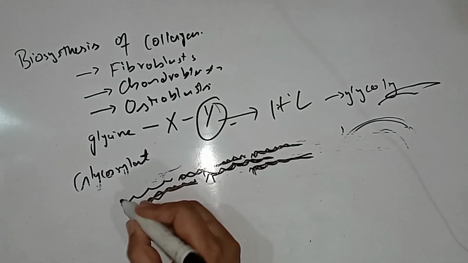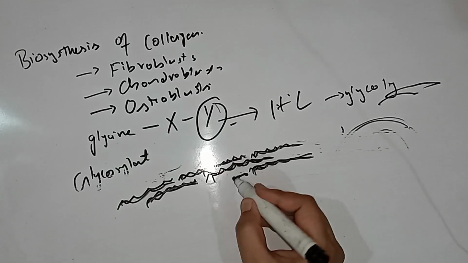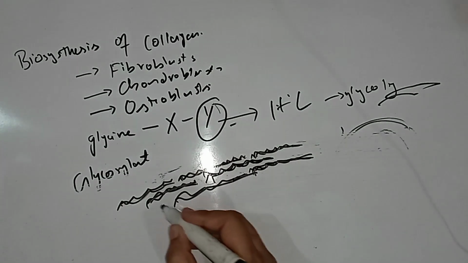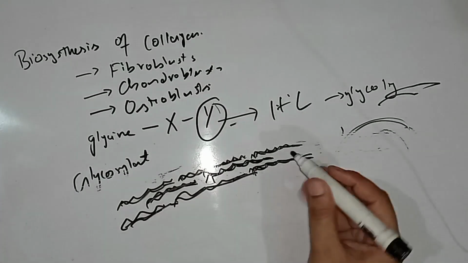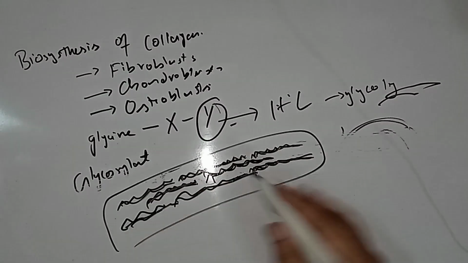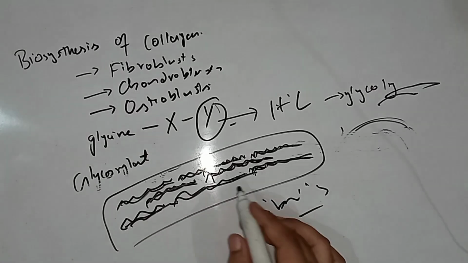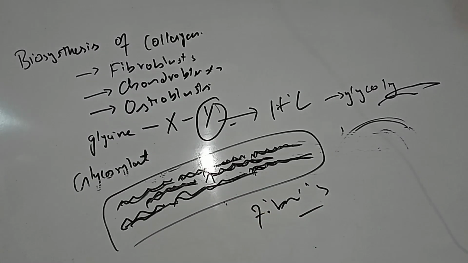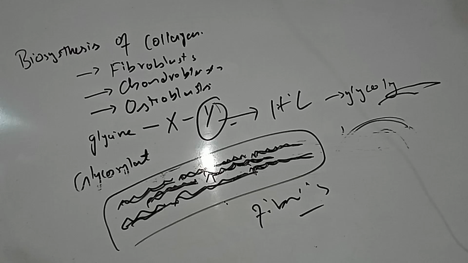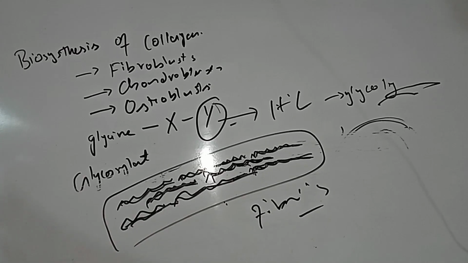In this way, these tropocollagen molecules overlap each other and join together by hydrogen bonding and so on. So they form the long fibrils of collagen, and this overlapping occurs by three-fourths of the molecule.